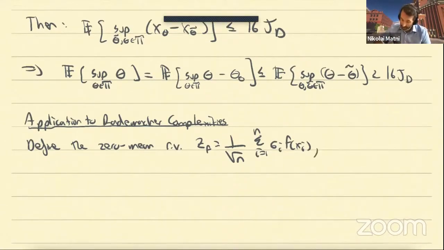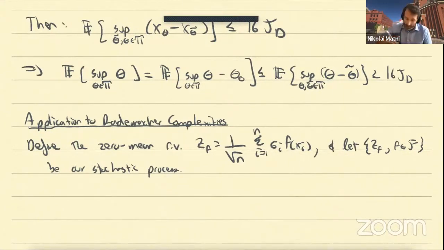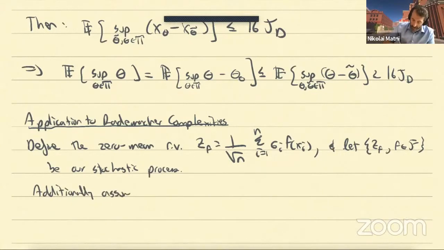And then we can define a stochastic process in terms of these Z_f's. Right, so what we're using to index our variables is the corresponding function f that defines it. And we're going to assume that f of x is bounded by b for all x in X.